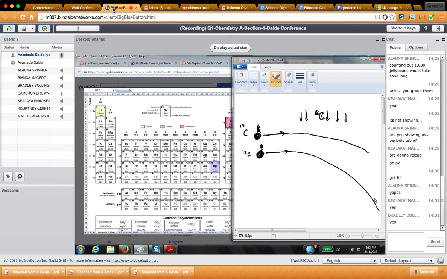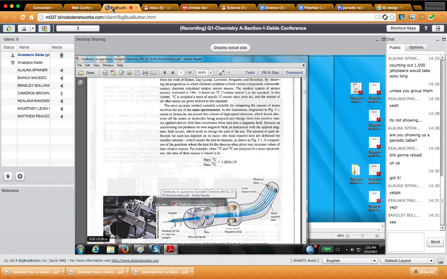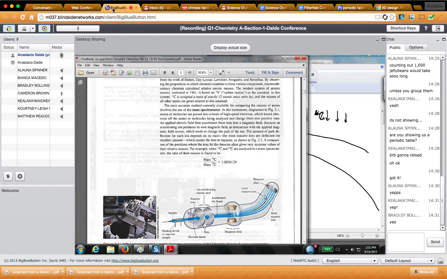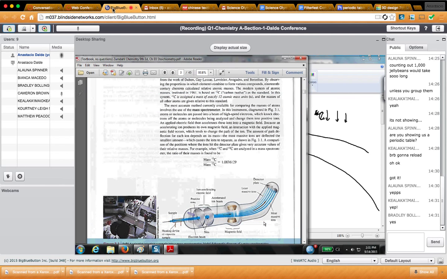So, what we do in mass spectroscopy is we have this thing where it's like a magnetic field, and we shoot our magnetic field, and it changes the course of these things. Depending on how much deflection occurs, or how far away from the original path, we can tell the difference between the masses of these different ions.